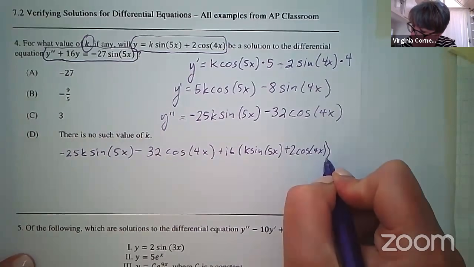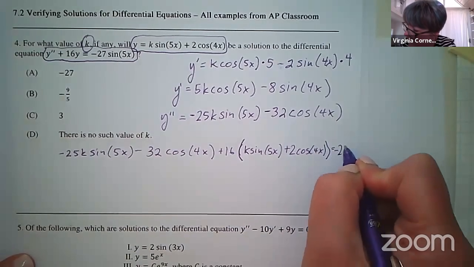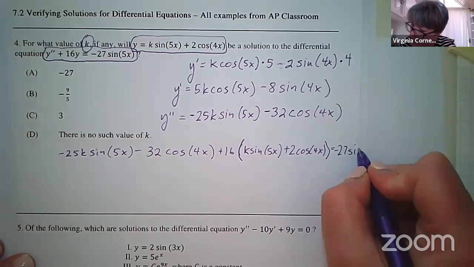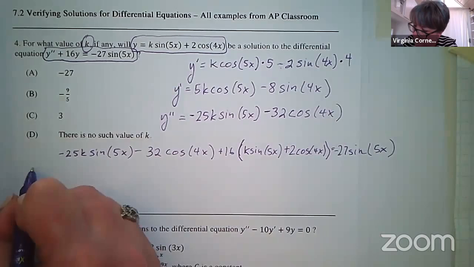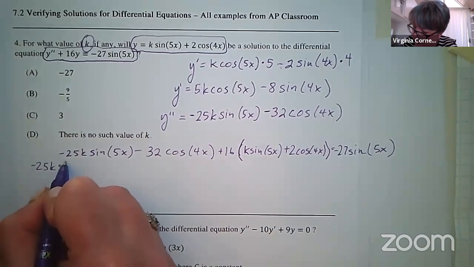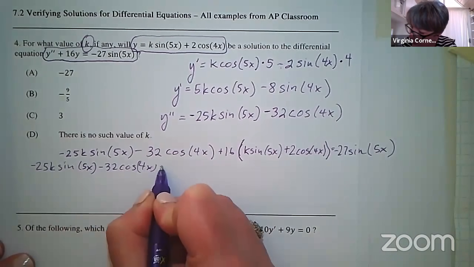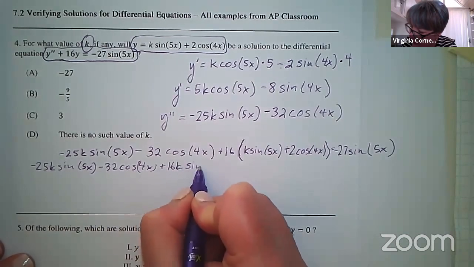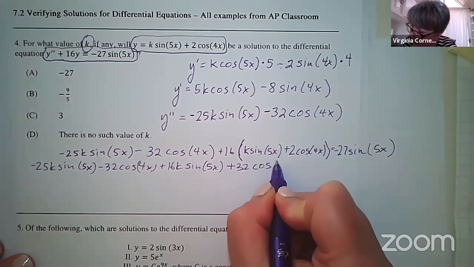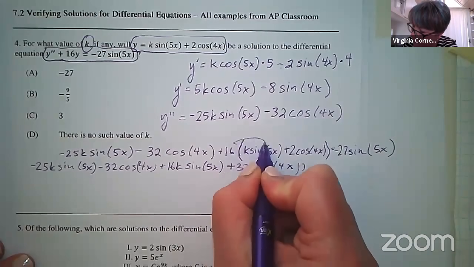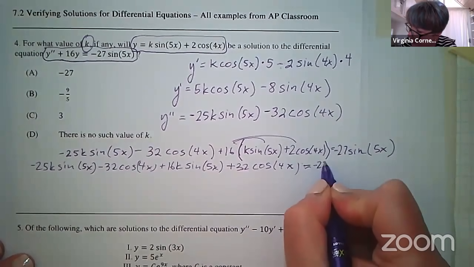There, close off those parentheses. And then equals negative 27 sine of 5x. So negative 25k sine of 5x minus 32 cosine of 4x, and then plus 16k sine of 5x, and then plus 32 cosine of 4x. I'm distributing there, and then equals negative 27 sine of 5x.